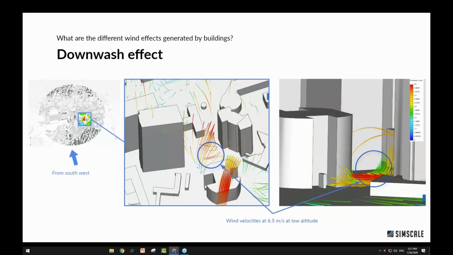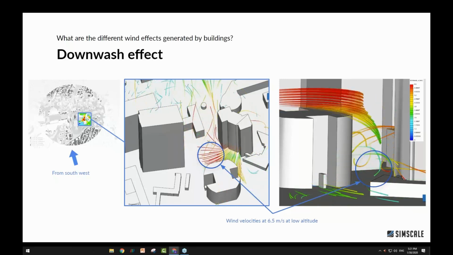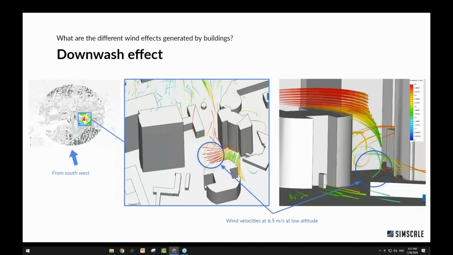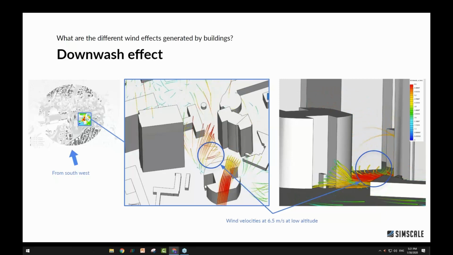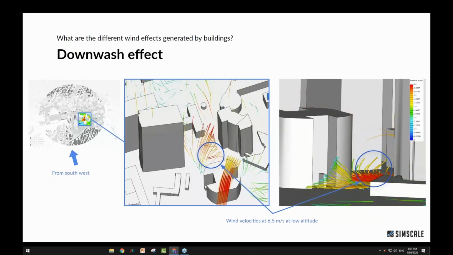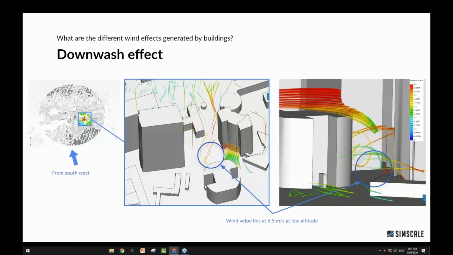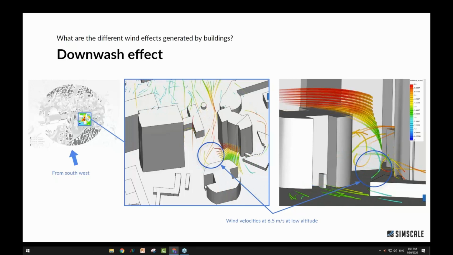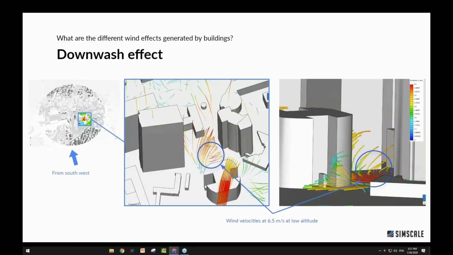And this is a really obvious example, and it is something that architects or urban layout managers and all the professions involved in this sector will have to take into consideration when they design a new building. This kind of simulation is extremely beneficial to really anticipate this kind of phenomenon.